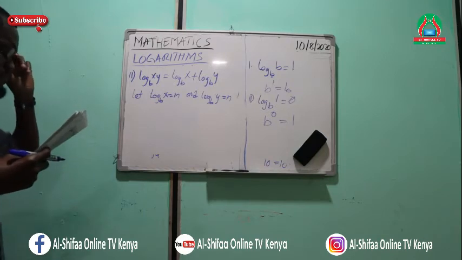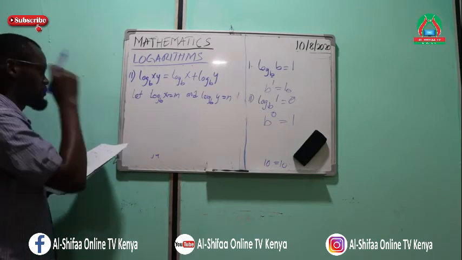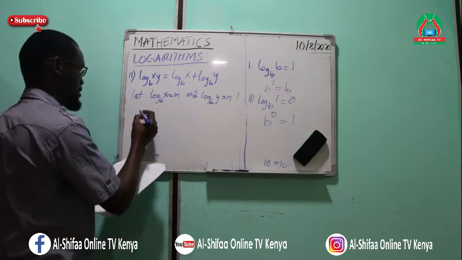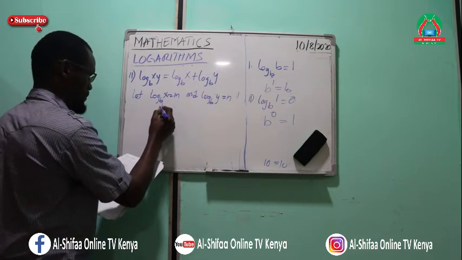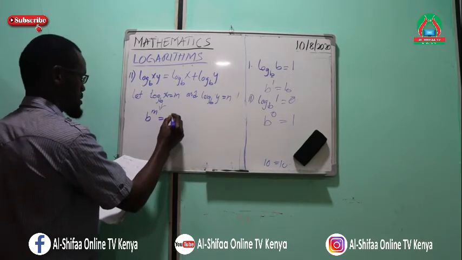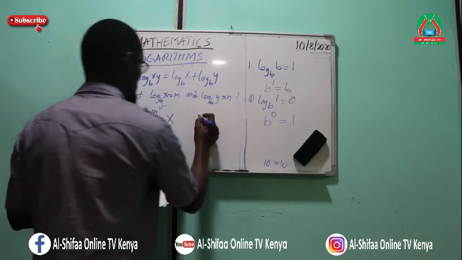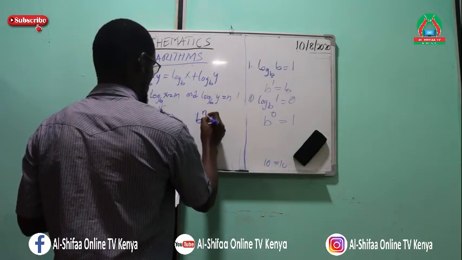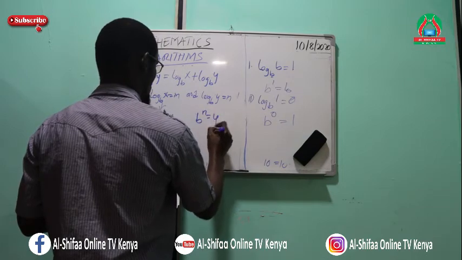So when you represent them in index form, here we'll have b power m is equal to x. And here we have b power n is equal to y.